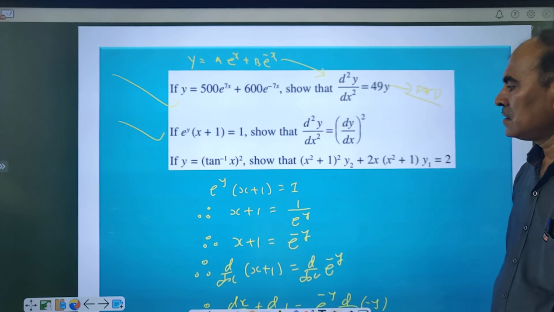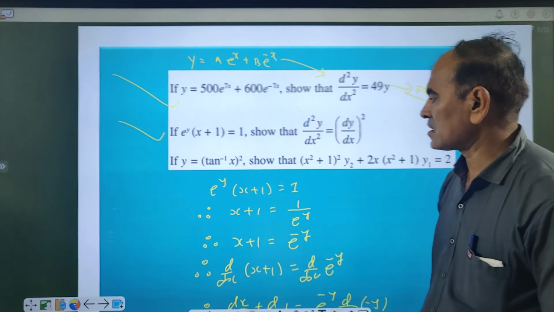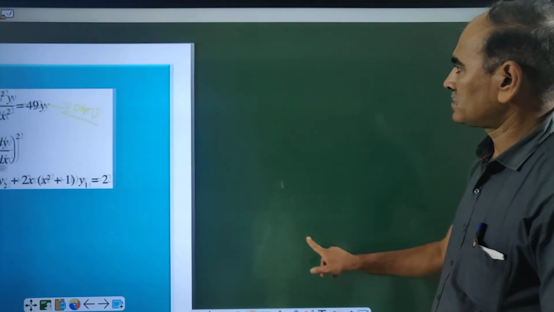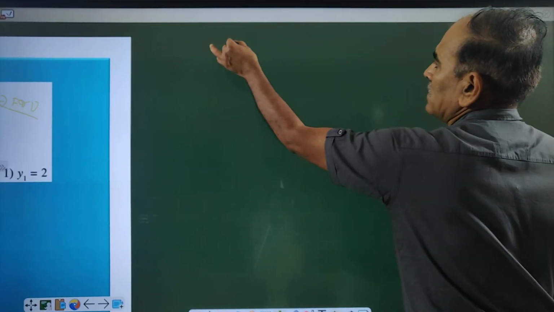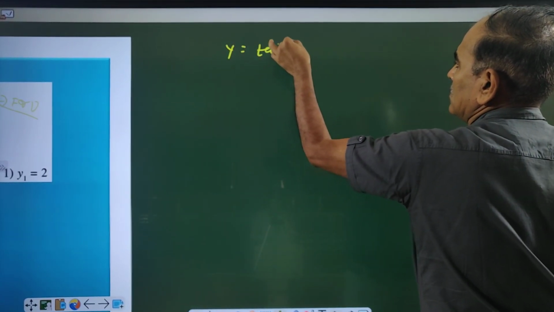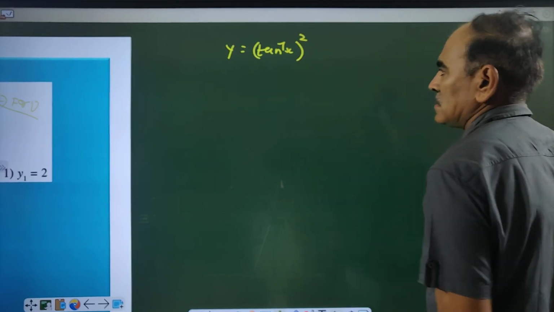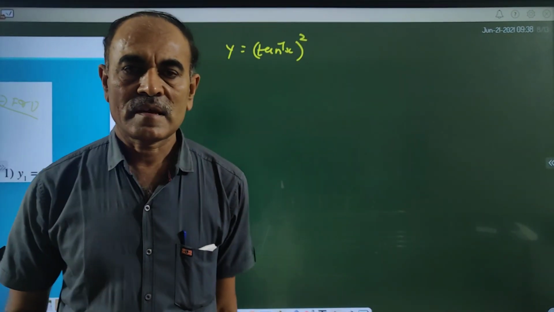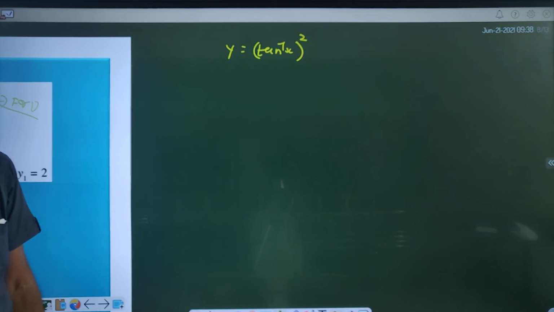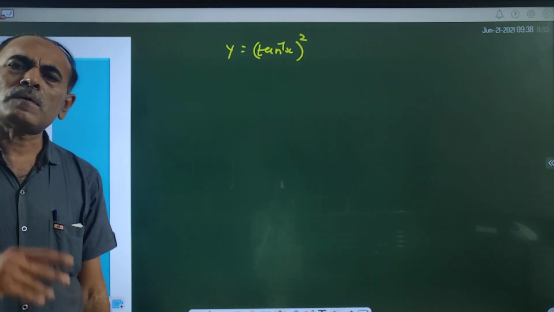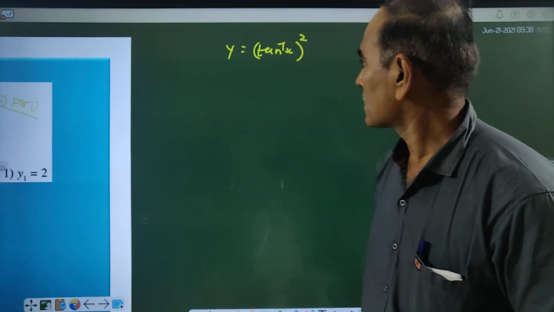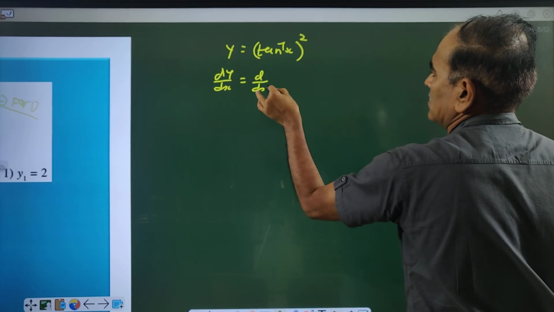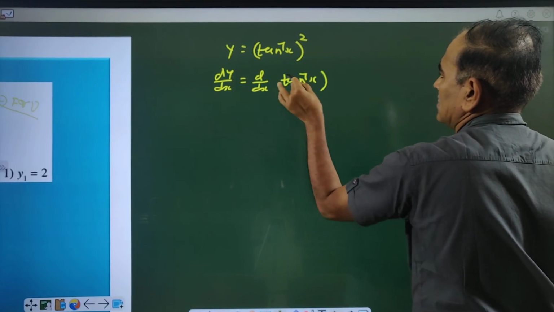Now let us see, y equal to tan inverse x whole square is given to us. Then show that this thing. What is given? y is equal to tan inverse x whole square. Always seen y is equal to sin inverse x whole square, same for cos inverse x whole square, y is equal to tan inverse x whole square or cot inverse x whole square, one and the same thing. What we get? dy by dx is equal to d by dx of tan inverse x whole square.